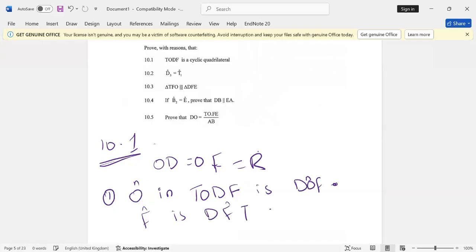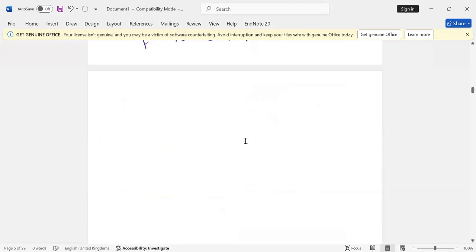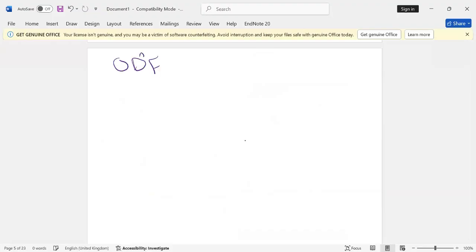Okay, so ODF equals OFD. All right, so radii OD equals OF.